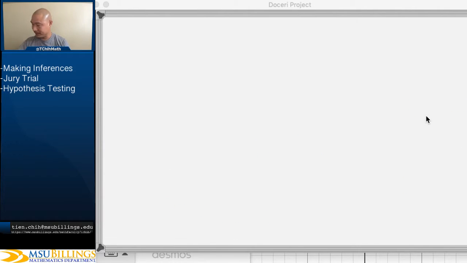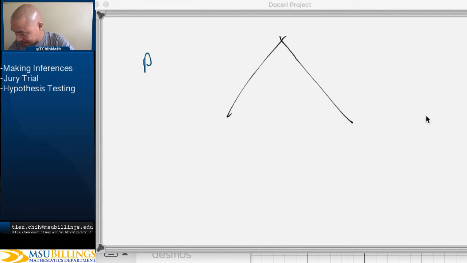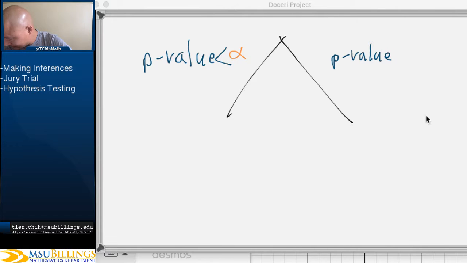And so the final step then is to check whether the p-value is less than alpha, or greater than or equal to alpha.